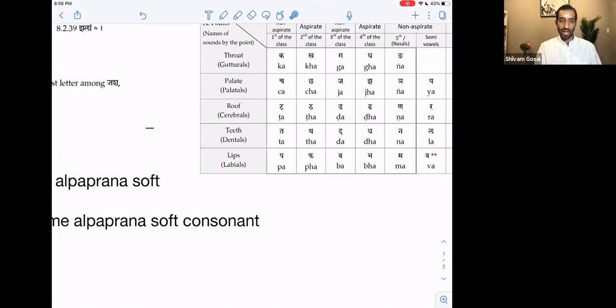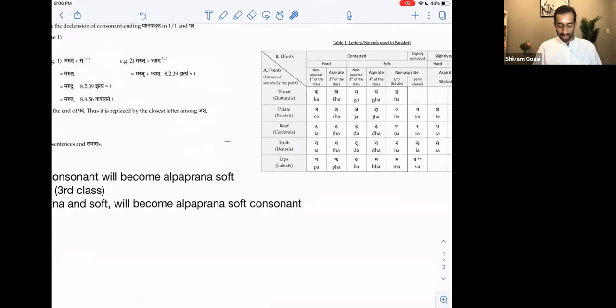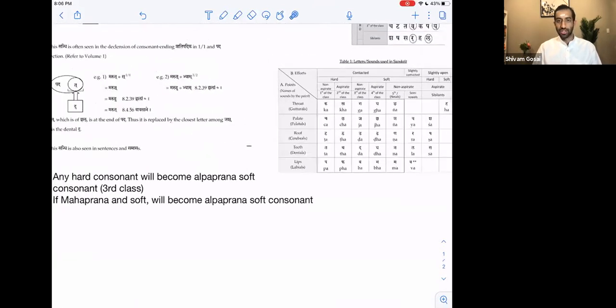Okay, our time is up. We'll continue to see this a little more in the next class. But the real point here is why there are two options for the fifth case: it's because of this rule, jashtvam, which makes the ta, when at the end of a pada, become dakara.